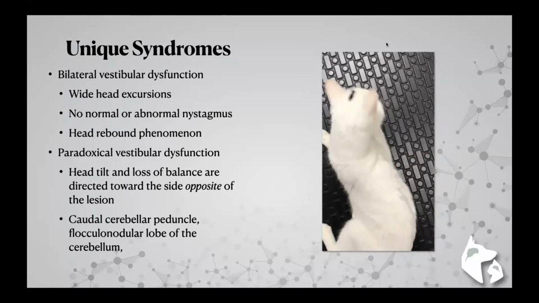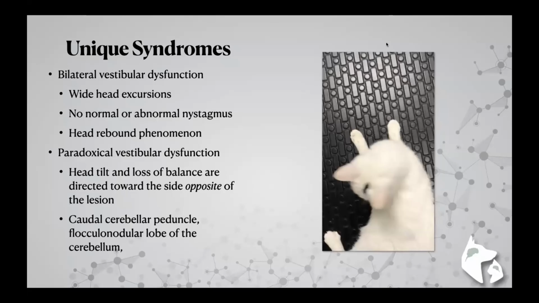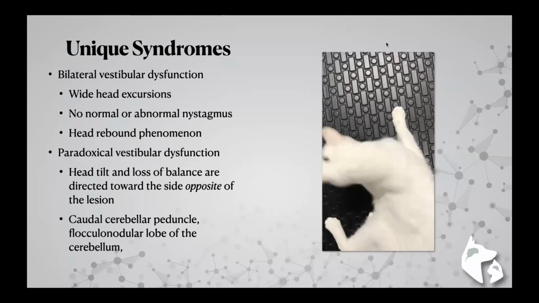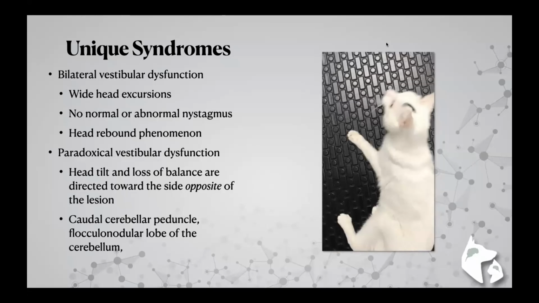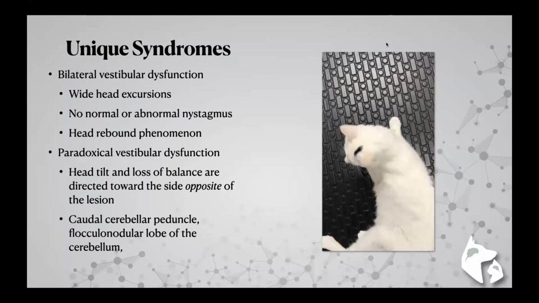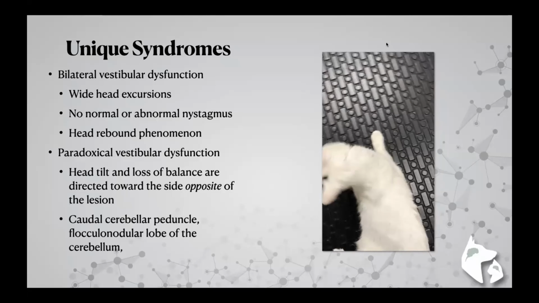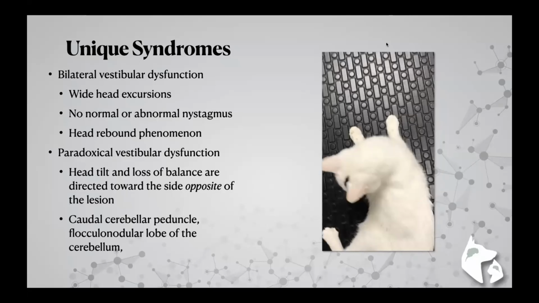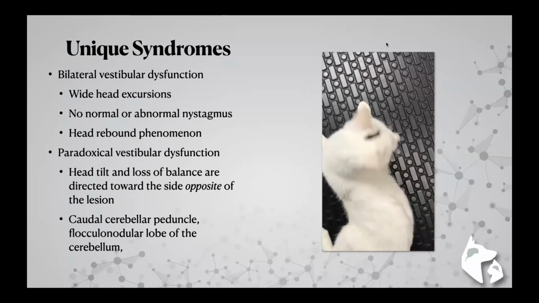So in these lesions, because your brain is getting more information from the side of the lesion because of where these are, the head tilt and everything is going to be away, because now the normal side seems weaker. The biggest thing with paradoxical vestibular dysfunction is that it is central. So it is central vestibular disease. They will have postural reaction deficits.